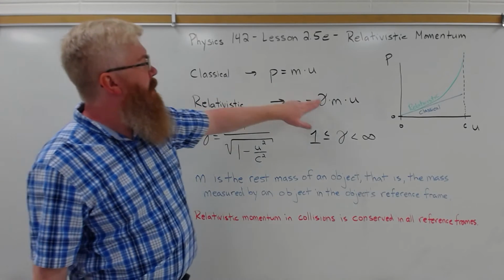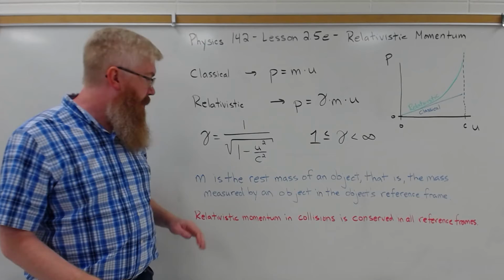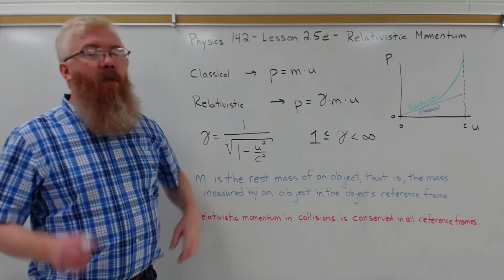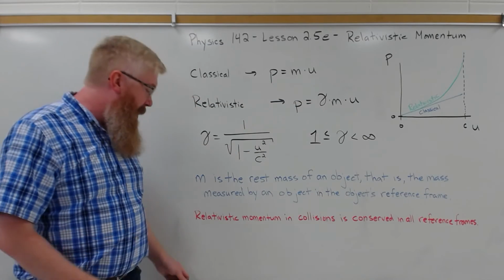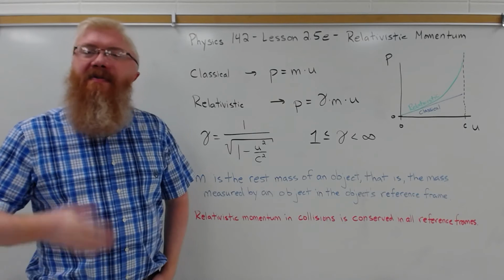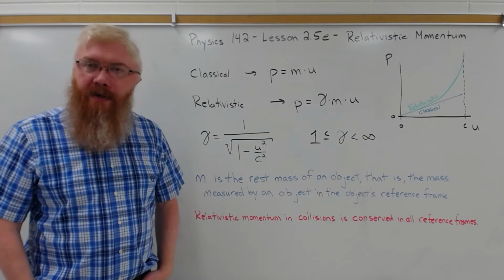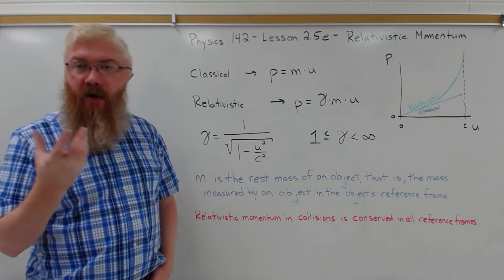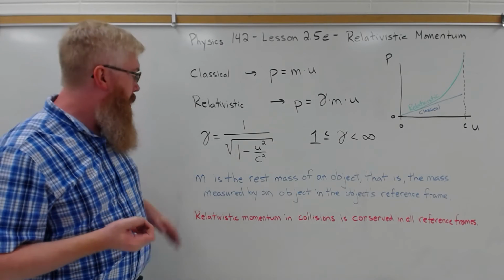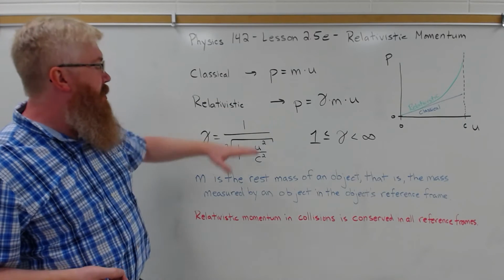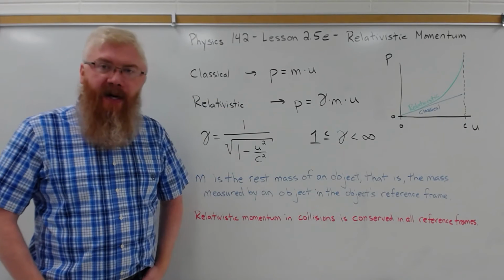Now what about this m, this mass your book talks about a bit? What is the mass of an object? You can think of it as the amount of stuff the object has. Weight is a force, but you can use weight to determine an object's mass. Mass, in these equations, is what's called the rest mass of an object.